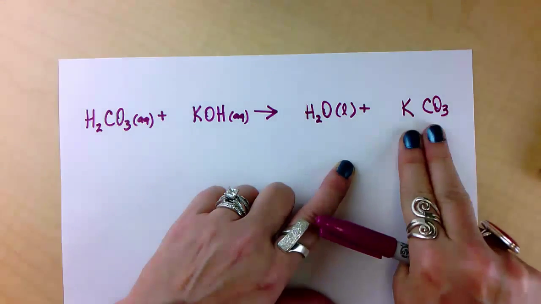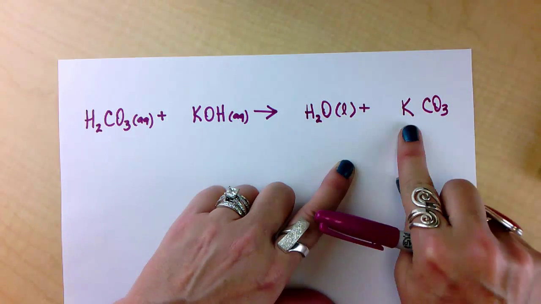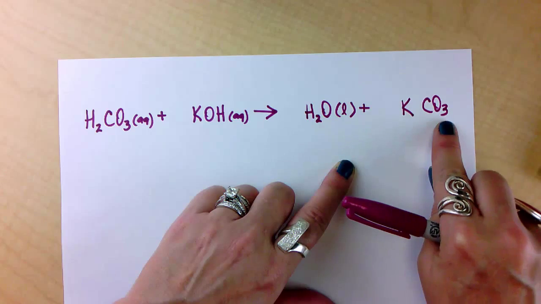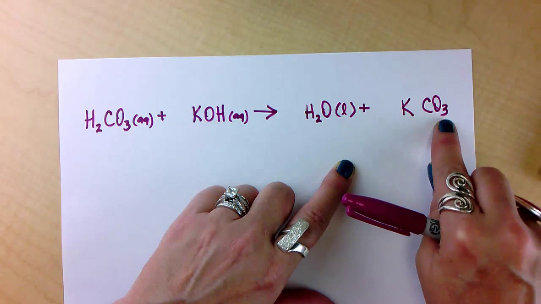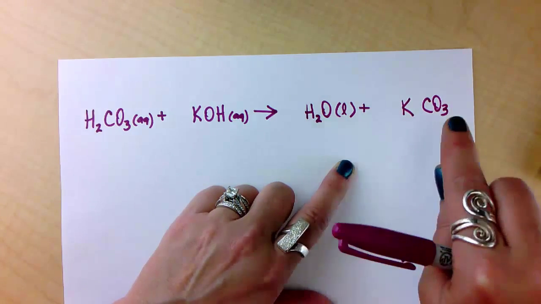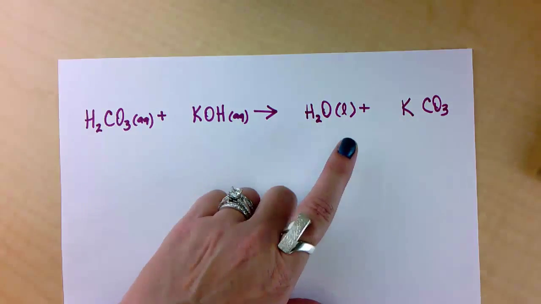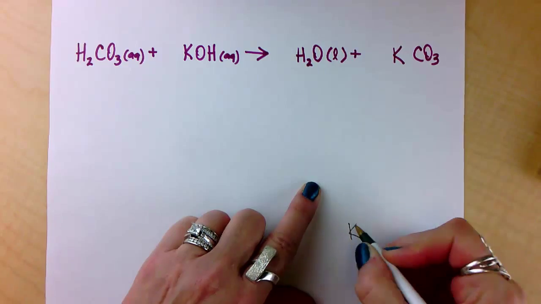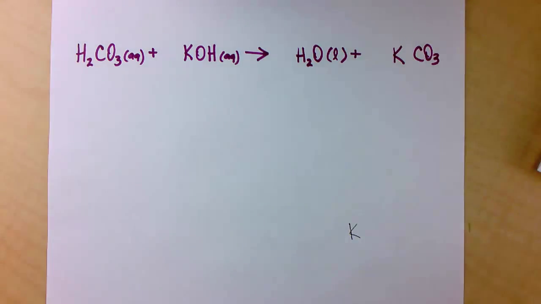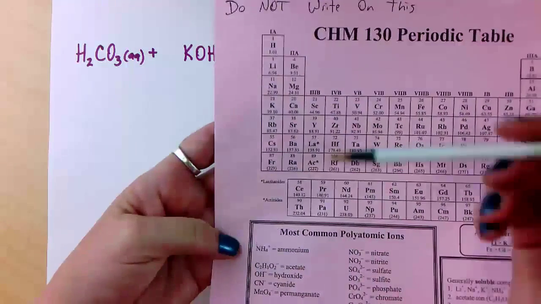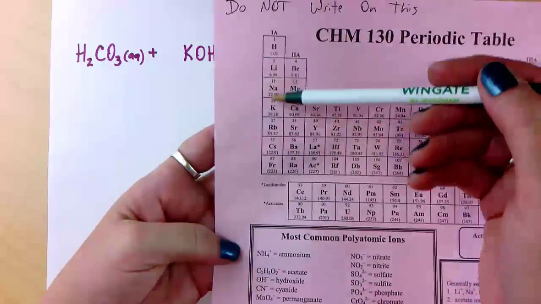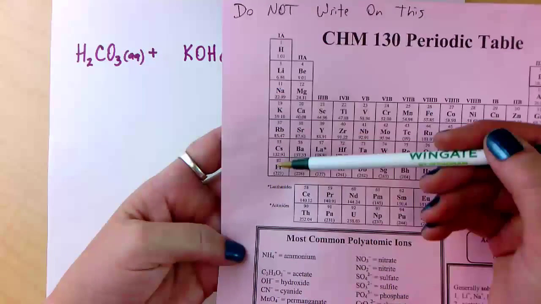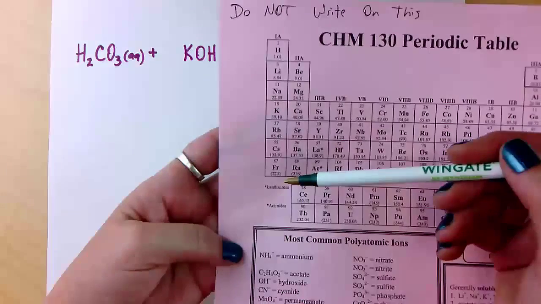Now, I hope you remember that every time you bring a metal and a non-metal or polyatomic ion group together, you have to check the charges. Let's do that down here like it's scratch paper. Potassium. Let's find it in the table. It is an alkali metal, column 1. What's the charge when they're in a compound for column 1?